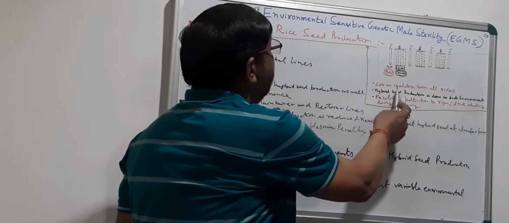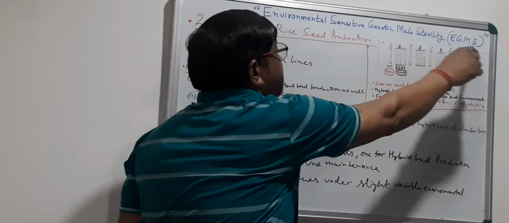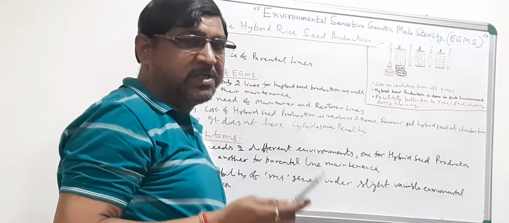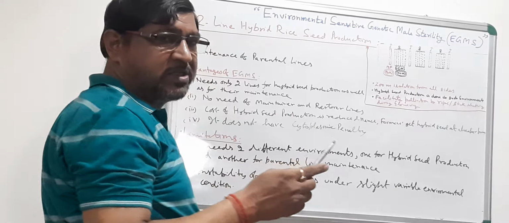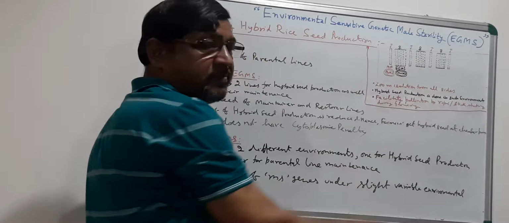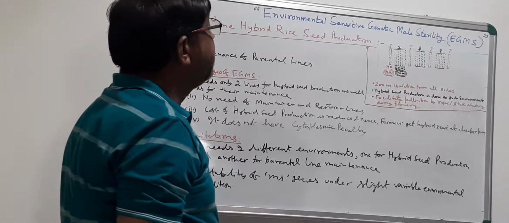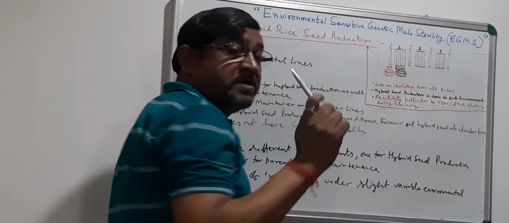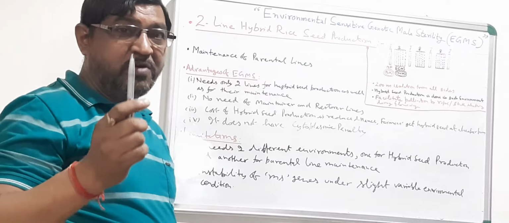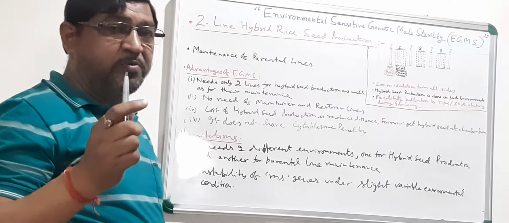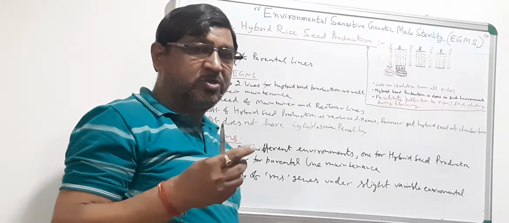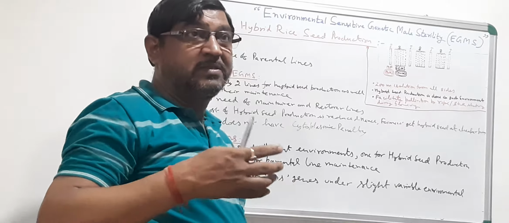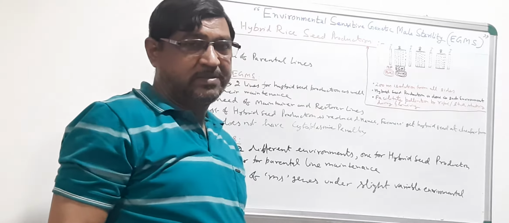You need 200-meter isolation from all sides of your field. At least 200-meter isolation distance you must have when you are using this system. Hybrid seed production is done in a particular environment. Which environment do you require? For example, if you are using PGMS, you must have more than 13 hours 45 minutes of sunshine day length.